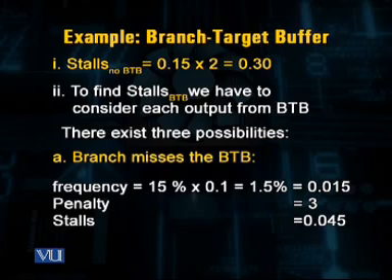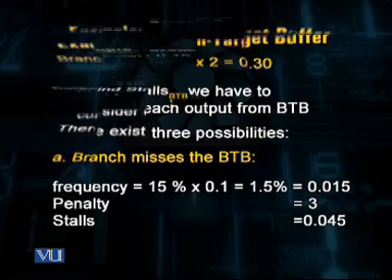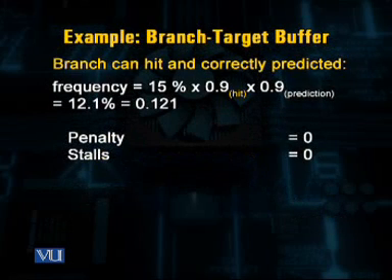Therefore, the stalls are equal to the frequency multiplied by penalty, which is equal to 0.045. The second case is when the branch can hit and correctly predict it. Here, the frequency is equal to 15%, hit is 90%, and predicted is also 90%.